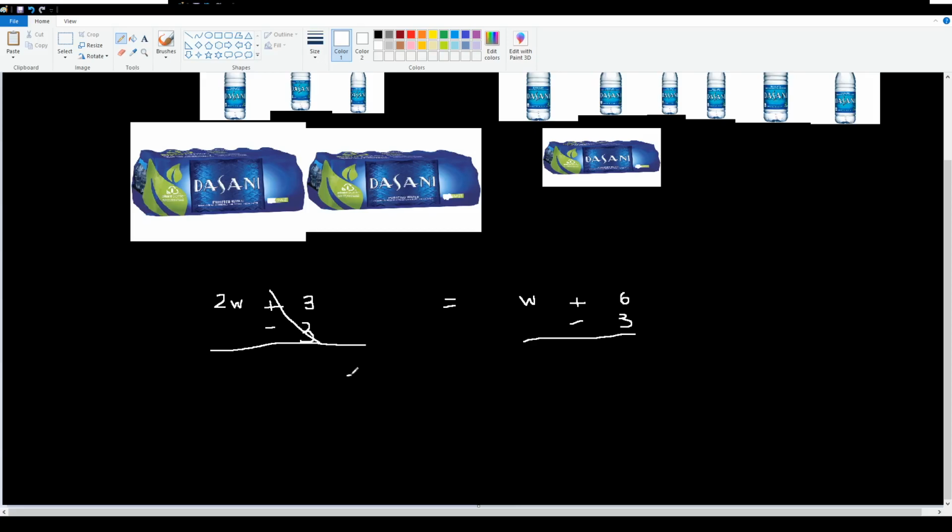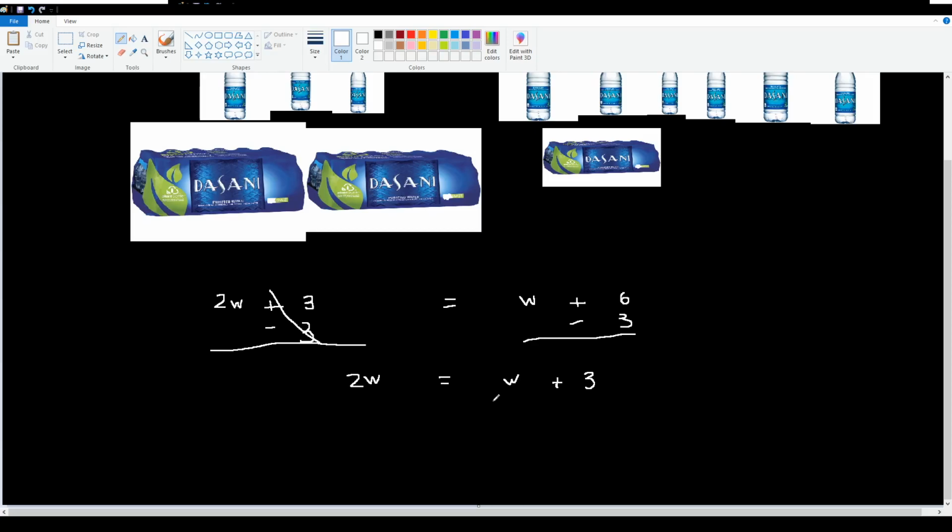So you would get 2w is w plus 3. Okay. Now what you want to do is combine the w's, right? To combine the w's, you have to eliminate it from one side so you can isolate it on the other.